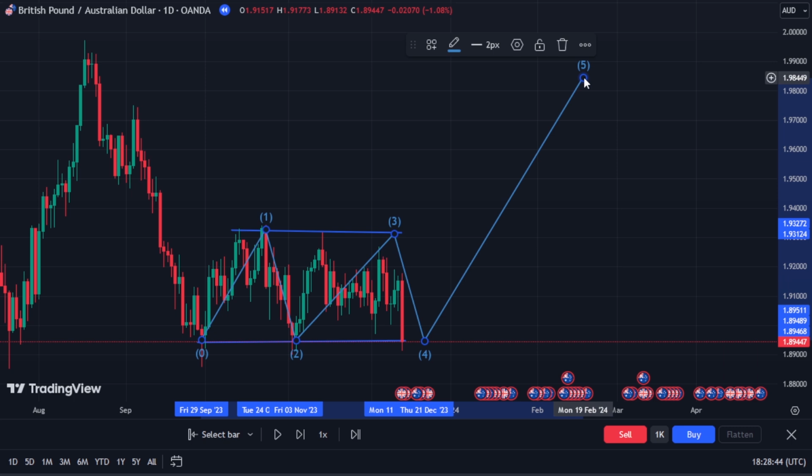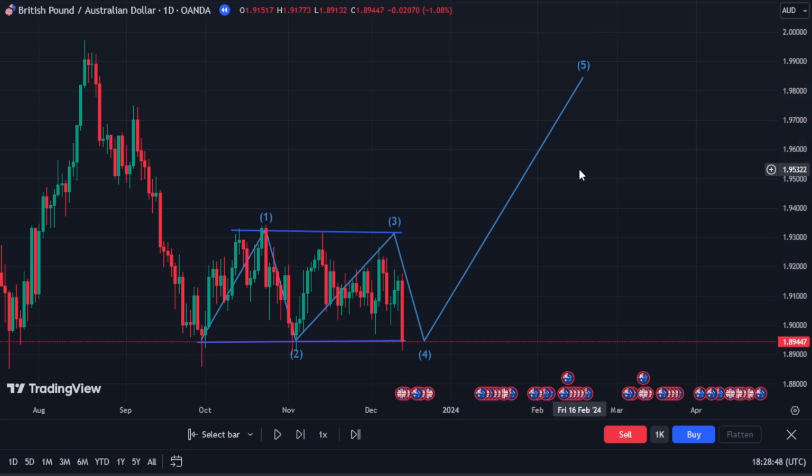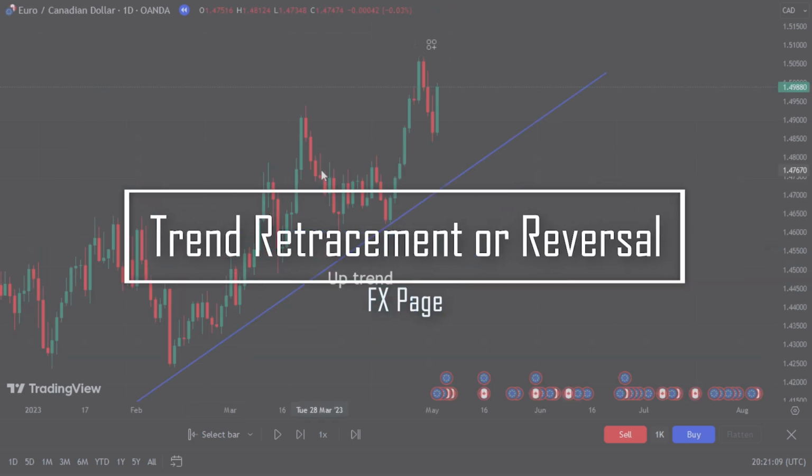So you can't really tell. As it is, price can go in any direction. So this is a ranging market because price is ranging between this resistance here and this support here. There is no clear definition of where price will head next. So before you can trade in a ranging market, you have to have the experience.